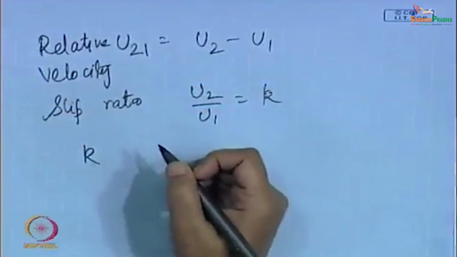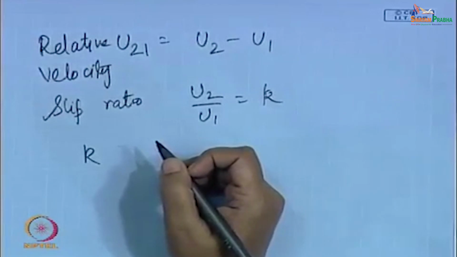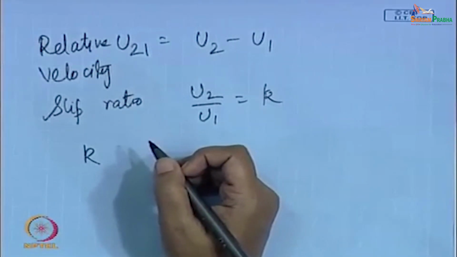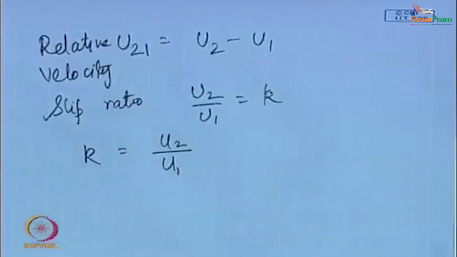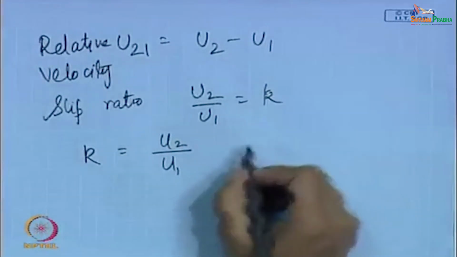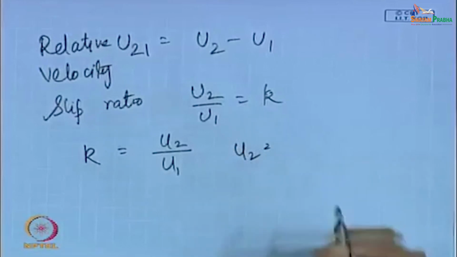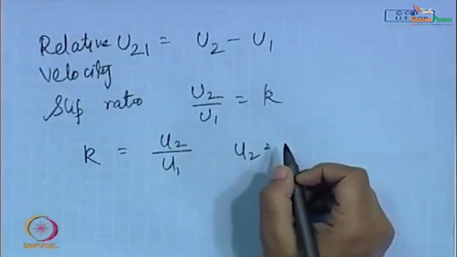Whenever you are asked to derive any quantity, start from the basic definition and then proceed with the derivation. For example, suppose I would like to derive k in terms of quality and such other things. What is k equal to? It is nothing but equal to U2 by U1, agreed. What is U2, can you tell me from the basic definitions?